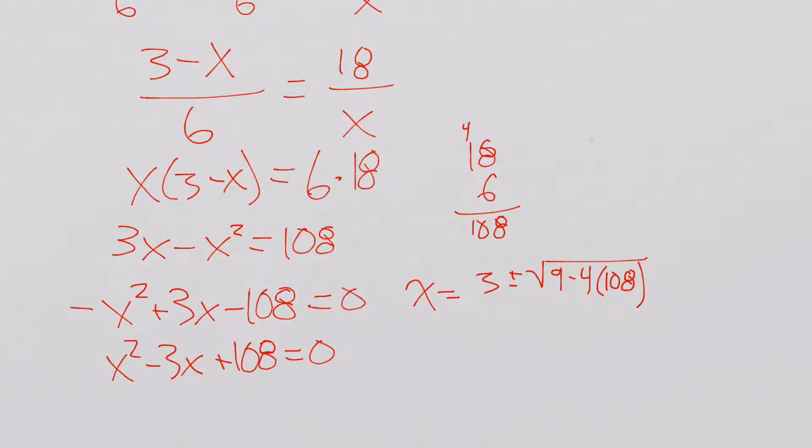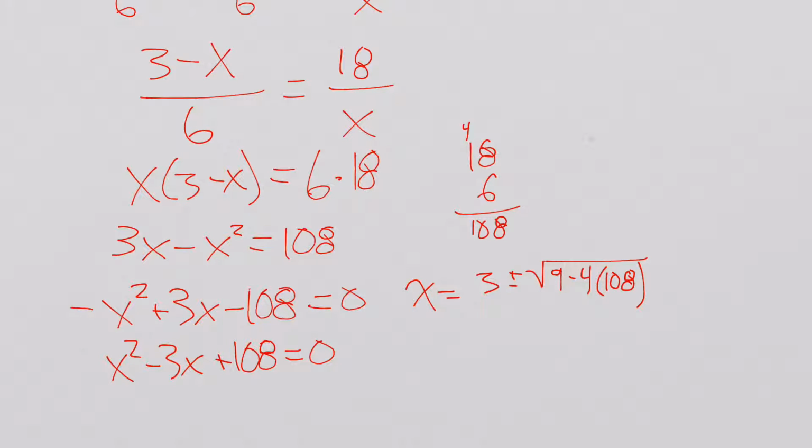So already looking at this, I can tell you that since I have 9 minus 4 times 108, the inside of that square root is clearly going to be negative. So we're going to get imaginary solutions, and they are not going to be nice imaginary solutions, so I'm not going to finish this problem.